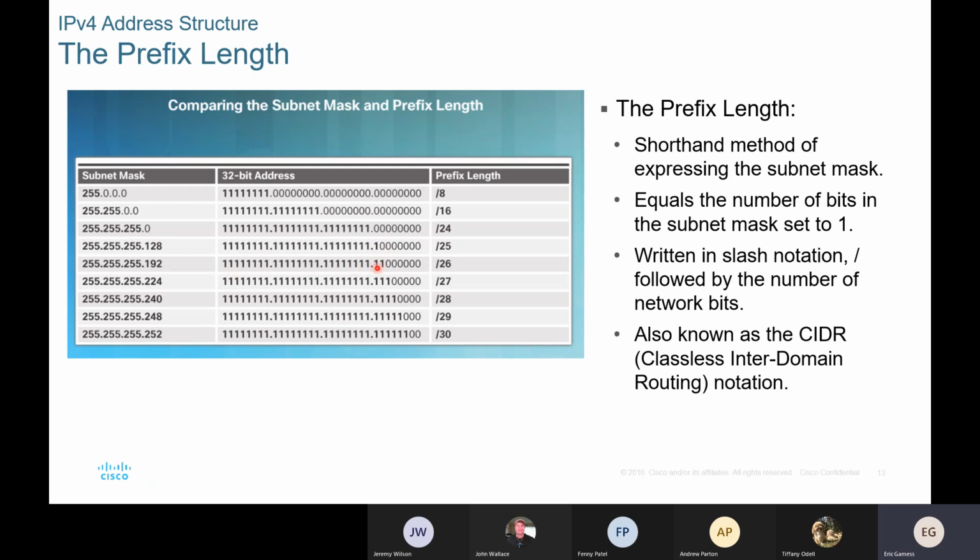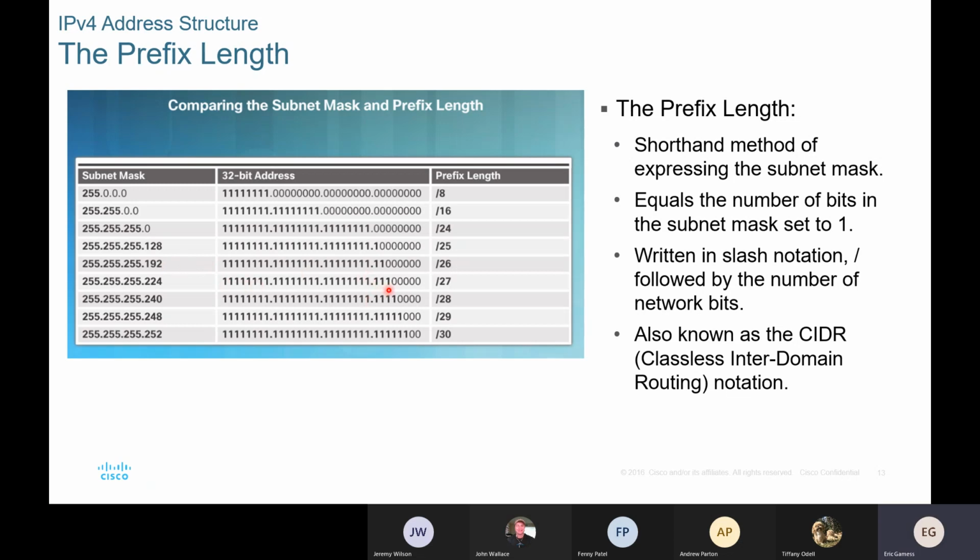How many 1s do we have in the net mask? 26: 8 plus 8 plus 8 plus 2. So with the forward slash notation, or the CIDR notation, it will be forward slash 26. With the dotted decimal notation, it will be 255.255.255, and then 128 plus 64, which is 192. So the last byte is 192.